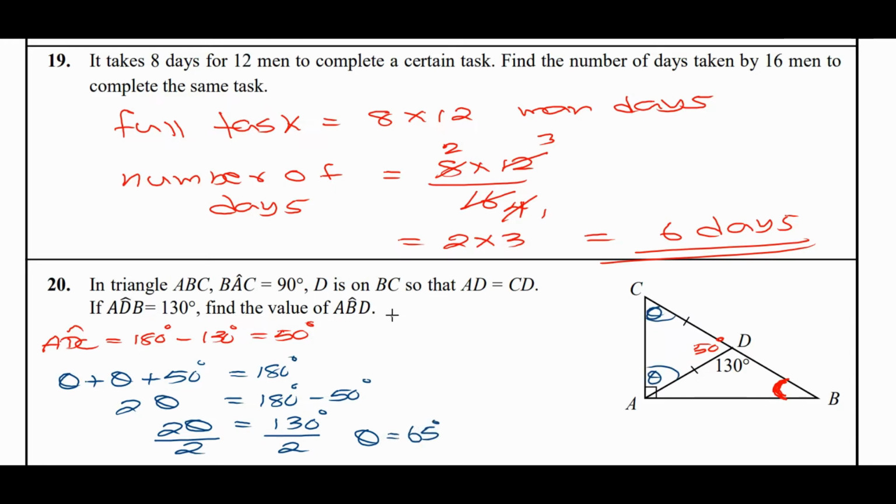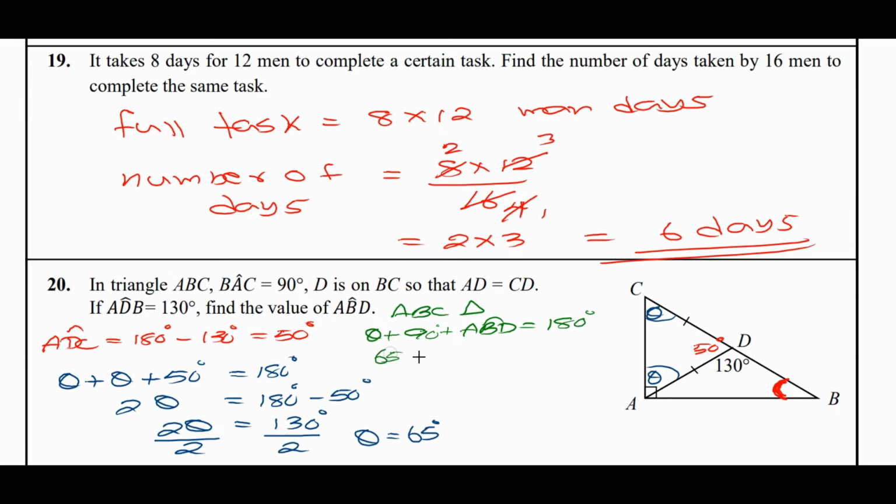Considering the triangle ABC, I can write theta plus 90 plus ABD equals 180 degrees. We know the value of theta.